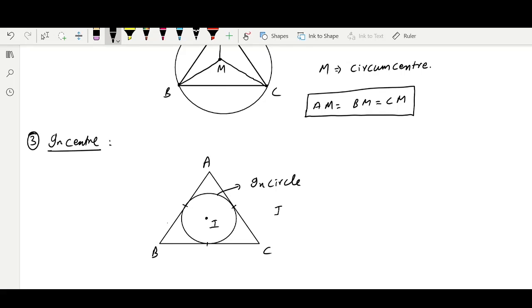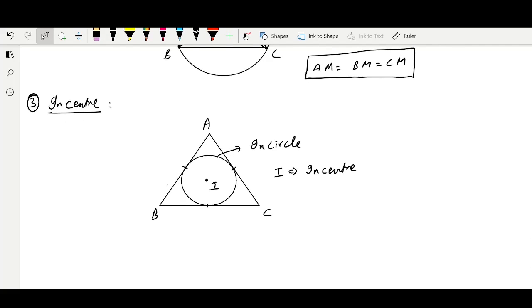Let's denote the incentre as I. The coordinates are given as, let's say this is x1, y1, this is x2, y2, this is x3, y3.